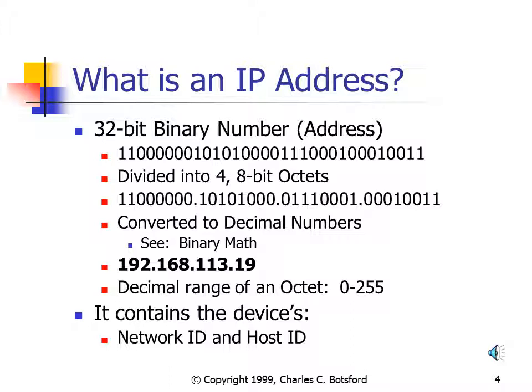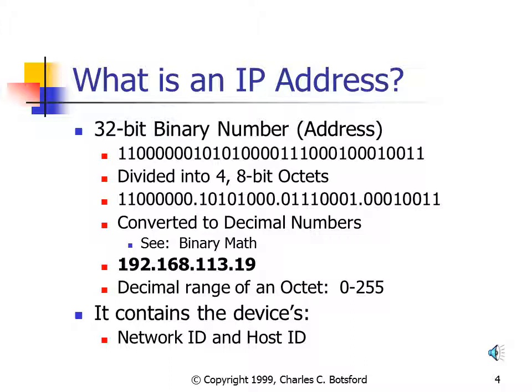In fact, it's important to note that if I was to type this IP address into the computer, it would convert that back into the binary number without regard to any of the octets or the periods, because to the computer, the IP address is a big long string of binary numbers. Now, as part of our binary math, we looked at how if we took an octet, we could convert it to a decimal number.